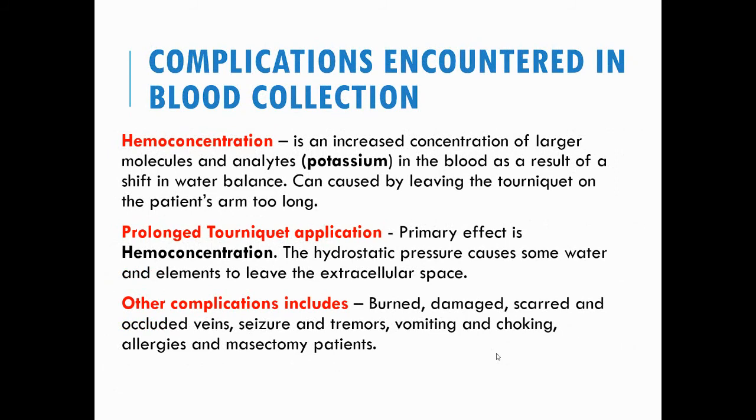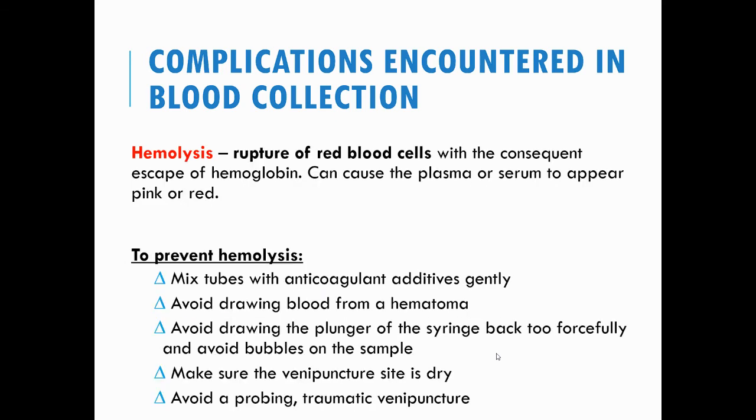We have hemoconcentration, increased concentration of molecules and analytes such as potassium in the blood as a result of a shift in water balance. Prolonged tourniquet application causes hemoconcentration, and we have other complications like burns, damage, scarred areas, and occluded veins. So we have a lot of complications that can be encountered during phlebotomy.